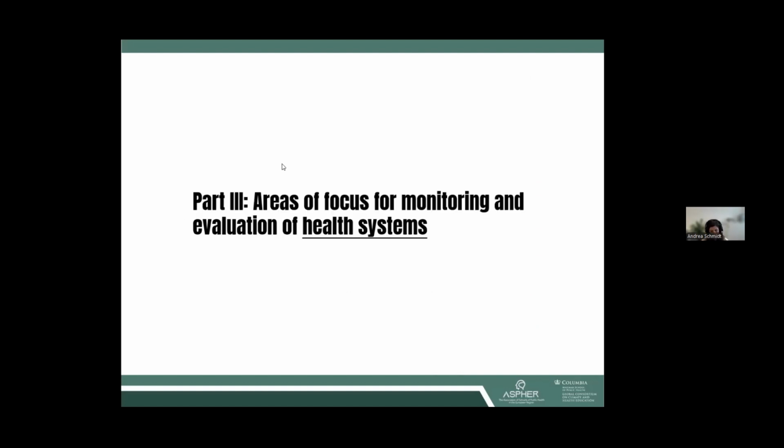Now, I would like to use the rest of the presentation to focus on areas of focus, some selected areas of focus for monitoring and evaluating health systems, and work together with you on how we can define indicators, but also what we can do with these indicators depending on our perspectives within the health system.